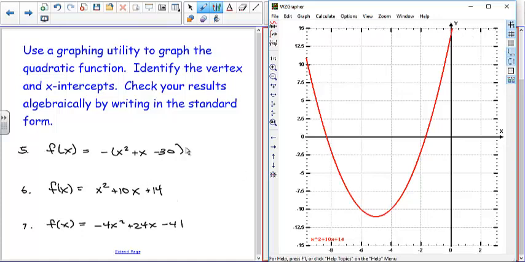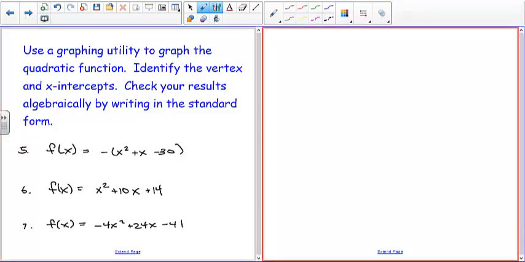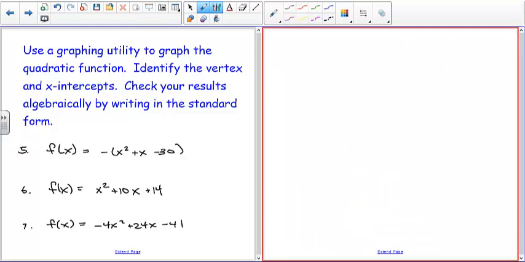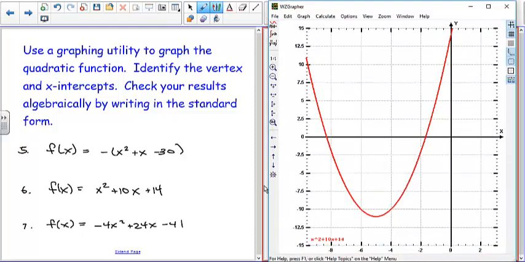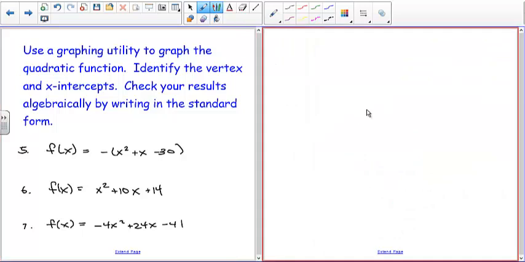Should be 14 based on that. Okay, and we did have x-intercepts. Yep. Did I plot that thing right? Just x squared plus 10x plus 14. Okay, everything looks good.